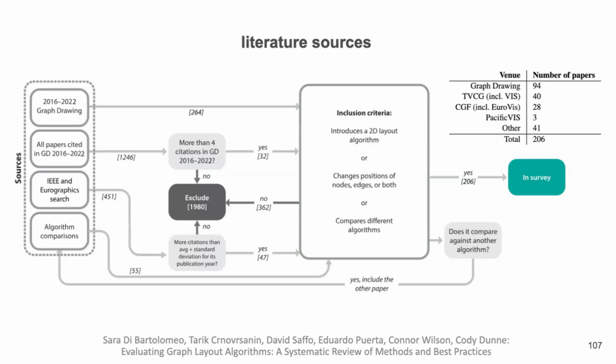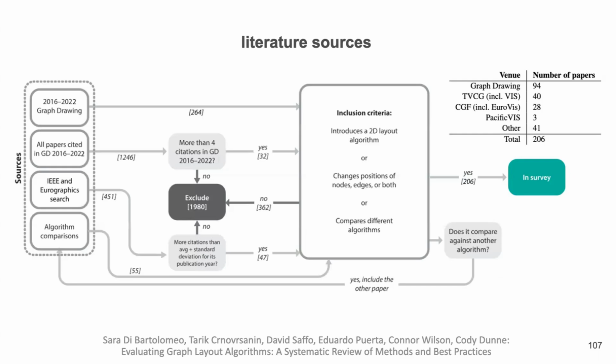I also included the search results from IEEE and Eurographics, and many papers do comparisons between different algorithms. So you're presenting an algorithm and you're comparing it against what was there before and saying, oh, this is better than what was there before. If this happened, I took also the compared algorithm.